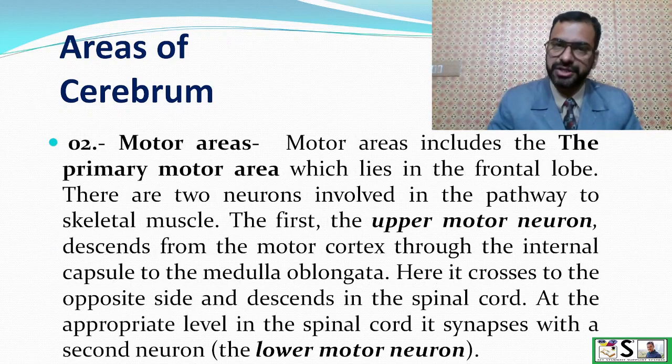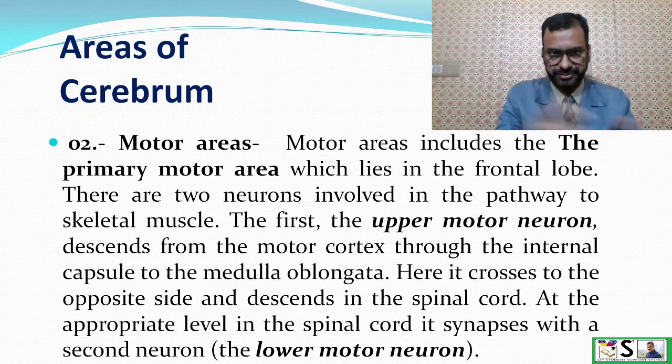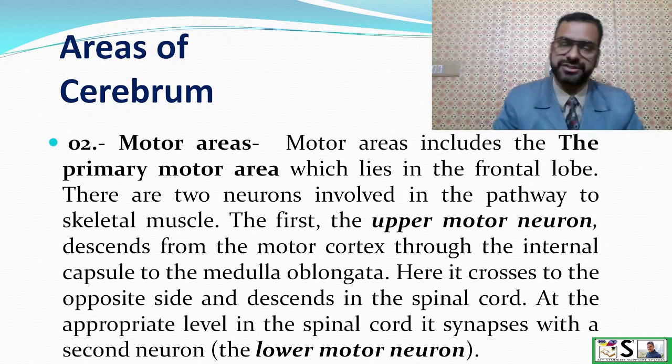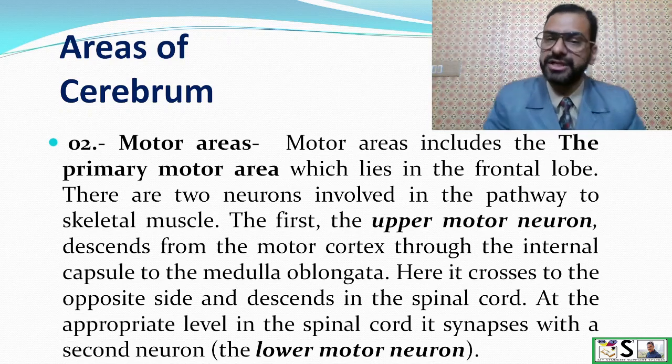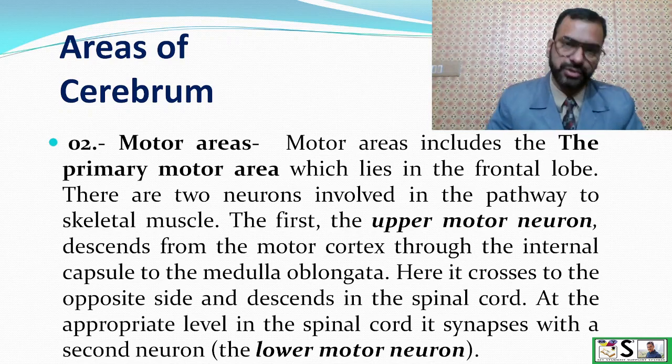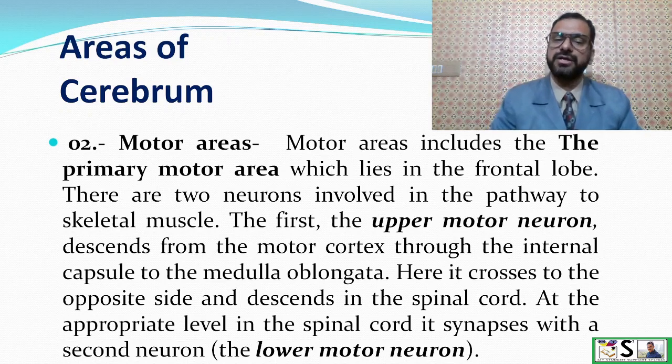The motor area means the area from where the signals go towards the whole body, giving instructions. The motor areas include the primary motor area which lies in the frontal lobe. There are two neurons involved in the pathway of the skeletal system, known as two neuron system.